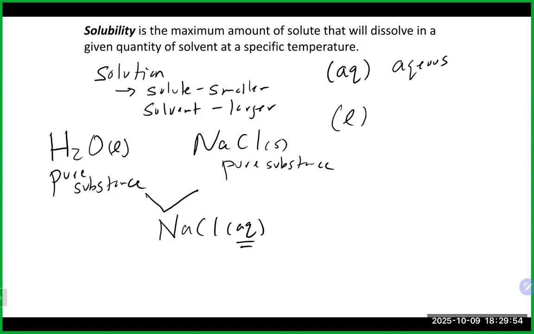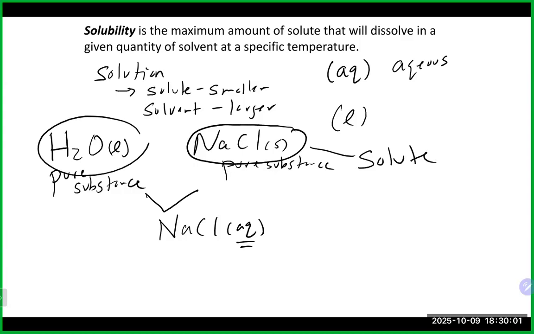In this example, the smaller part of this solution would be the sodium chloride. That would be your solute. And water, which is a very common, larger part, is your solvent. Water is not the greatest solvent for everything, but it is used a lot for ionic things because it works really well. It's also used a lot for polar things because it works really well as well. Any questions on that there?